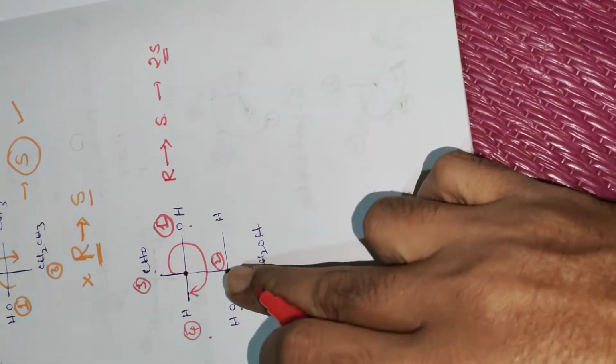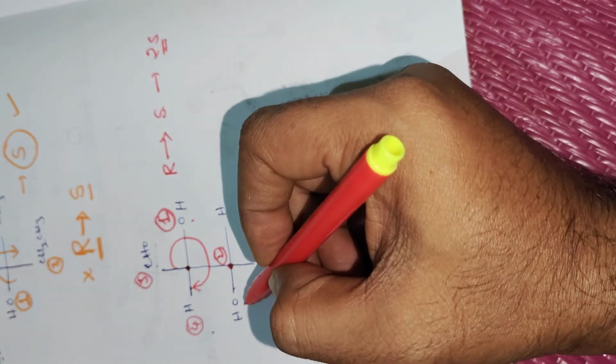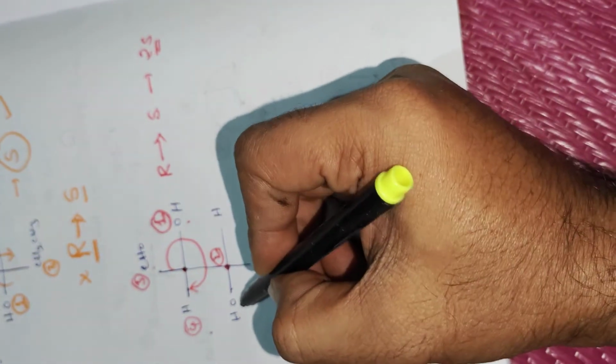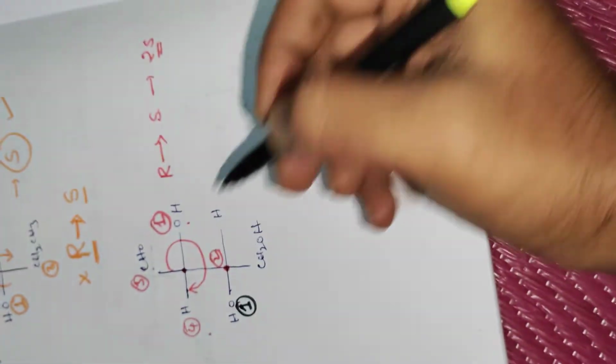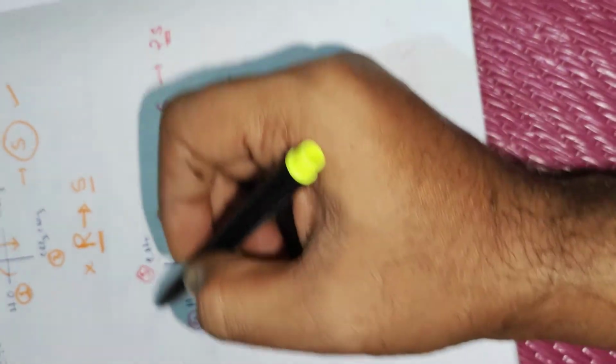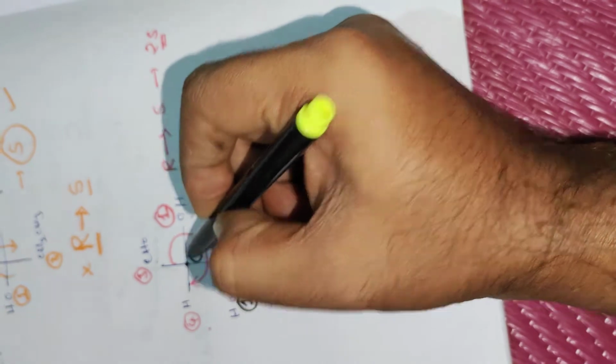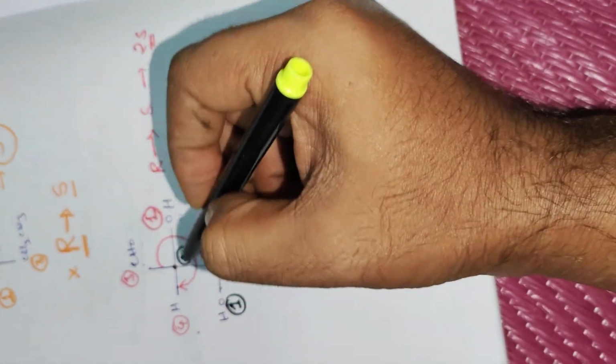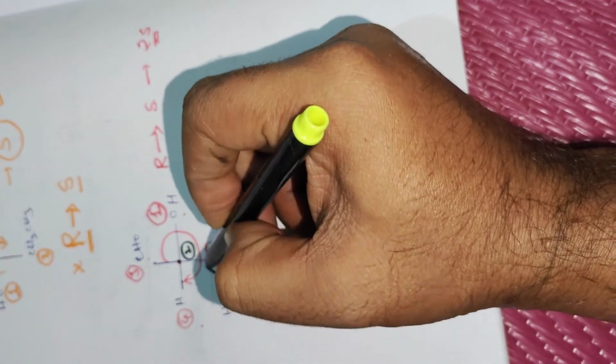Next, how to find out this carbon? Same here, OH will be there. For OH we give the first priority. Second, this whole group is the second priority. This is the third priority. This is the fourth priority. 1 2 3 like this.